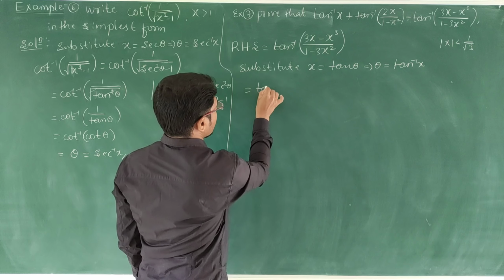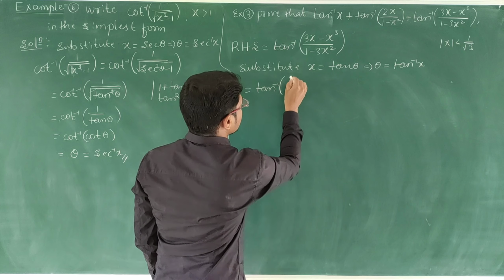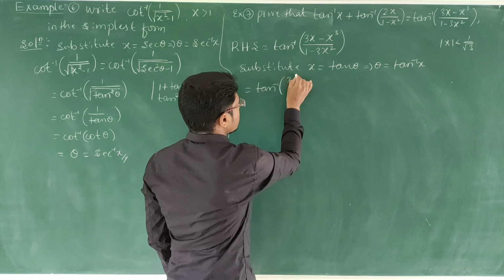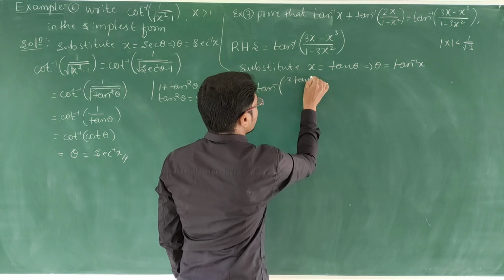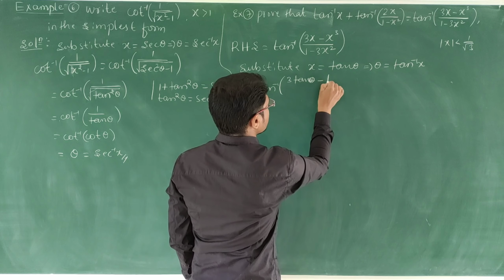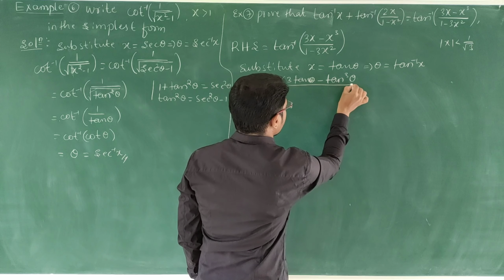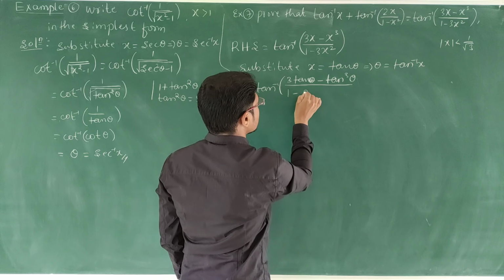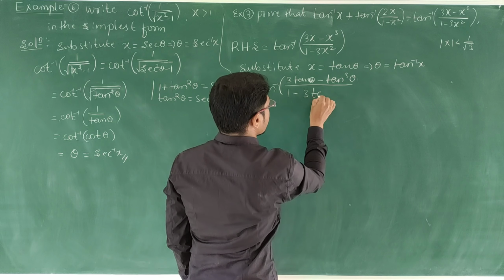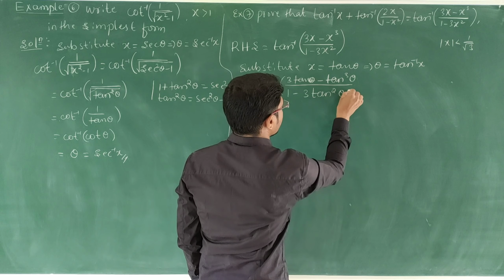So tan inverse of 3 into x, which is tan theta, minus x cube, which is tan cube theta, divided by 1 minus 3 x square, which is tan square theta.